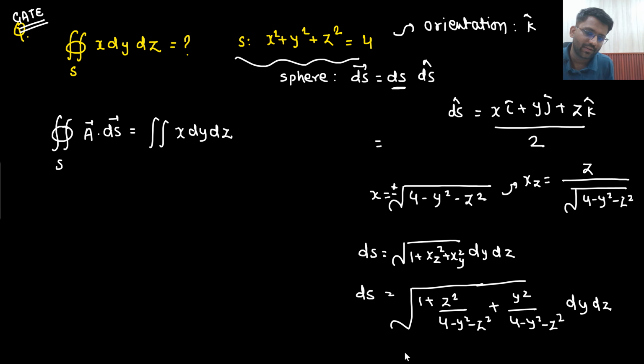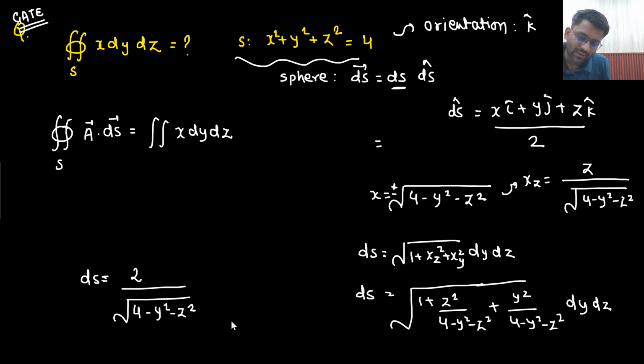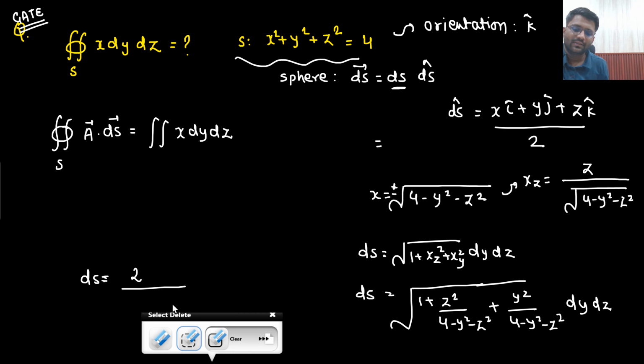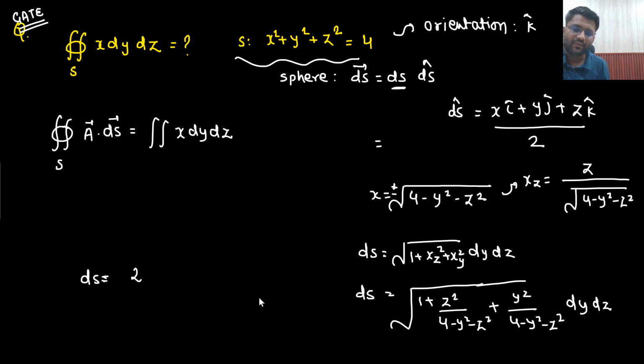Right? So what is your ds? Sir, from here ds is coming out to be 2 upon under root 4 minus y square minus z square. Now what is the value of 4 minus y square minus z square? That is nothing but x only. So it is coming out to be 2 by x dy dz.